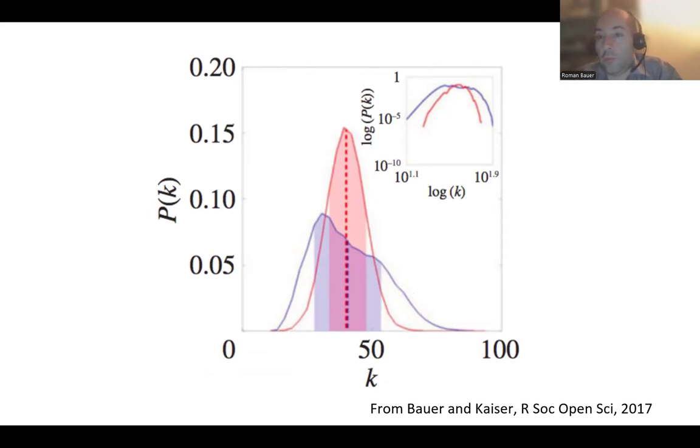I mean, you may observe some hubs also in a regular network, but it's very much less likely than you would see, for example, in a human brain of interareal connections. So this is just to visualize this also from a more mathematical perspective.